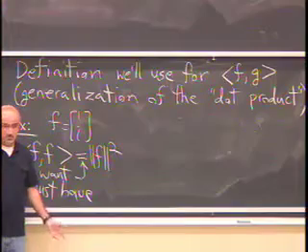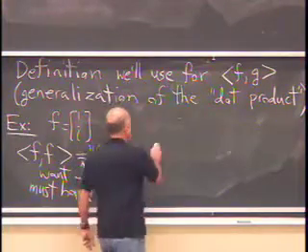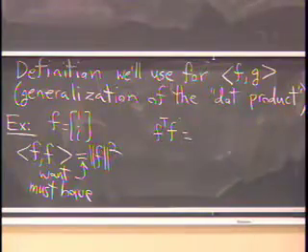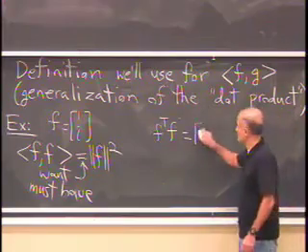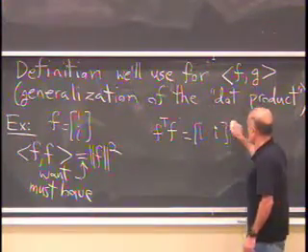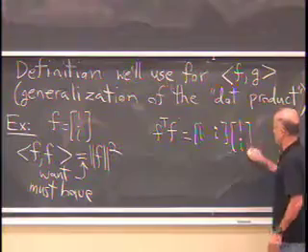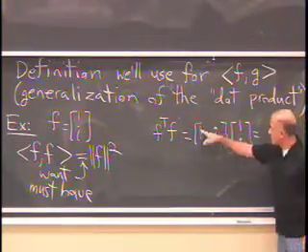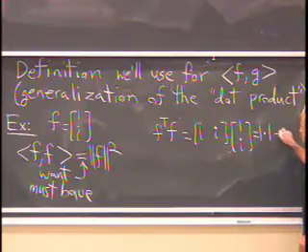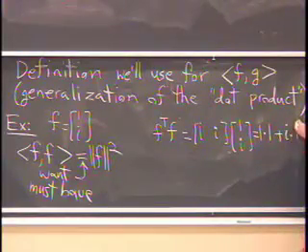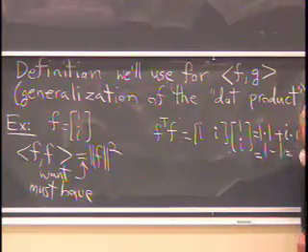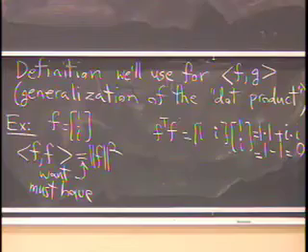No. What happens when you take the transpose of f with itself and apply the normal dot product? What do you get? You get 1 times 1 plus i times i, which is 1 minus 1, which is 0. Doesn't make any sense.